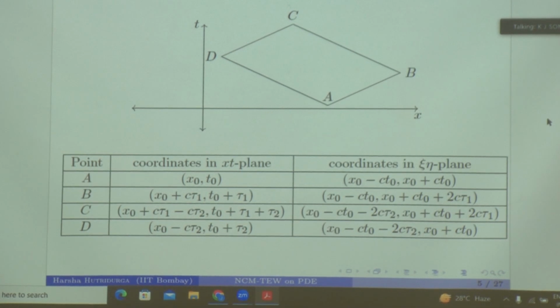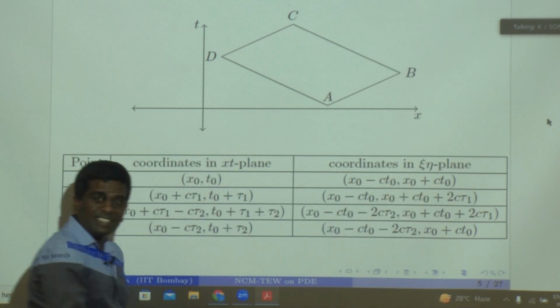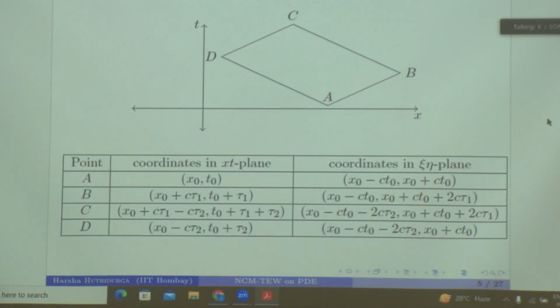If you give me a point xt, psi was x minus ct and eta was x plus ct. So if somebody gives you this point, you can just blindly write down what is psi and eta. That's what we have done in that column. Let us try to understand how we got this particular table.